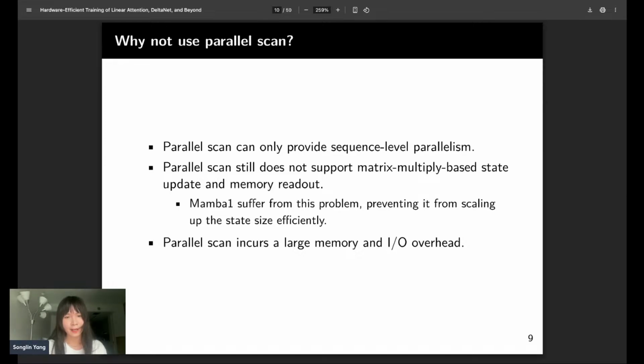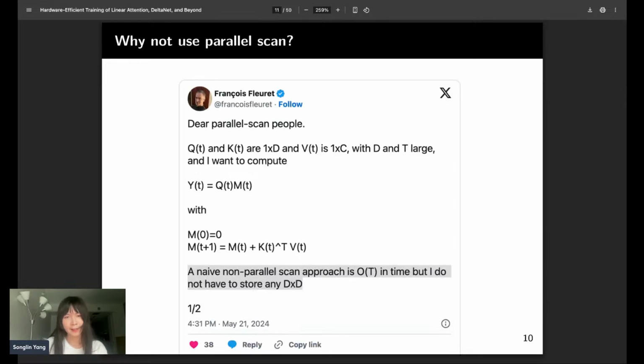Finally, the parallel scan tends to incur a very large memory and I/O overhead. For the recurrent form, we only need to maintain a single recurrent state of size d by d. But for parallel scan, especially when the state size is too large, we cannot fit it into the shared memory. So we must materialize it into the HBM, and this is where you need to maintain a lot of recurrent states.